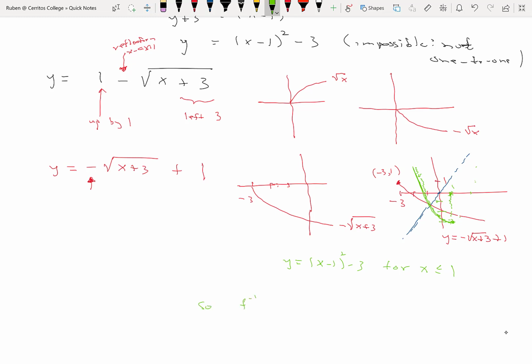So f inverse of x equals (x minus 1) squared minus 3, but only for x less than or equal to 1. Okay, so that's the end of our first lecture.